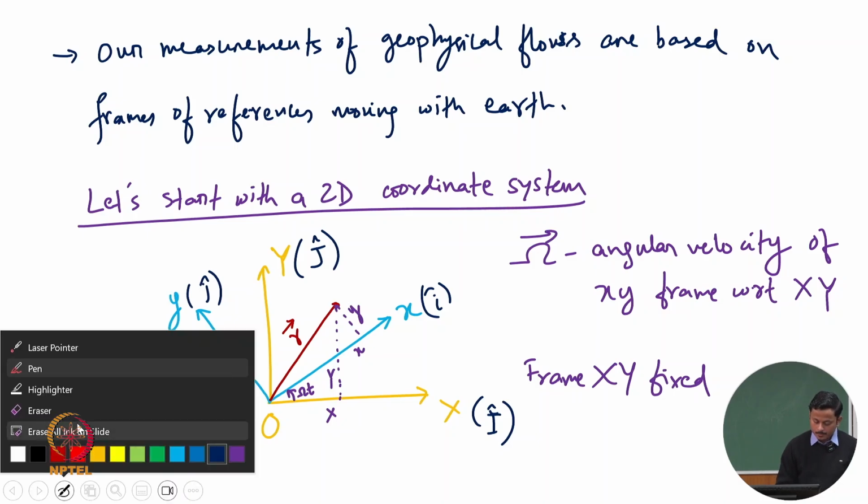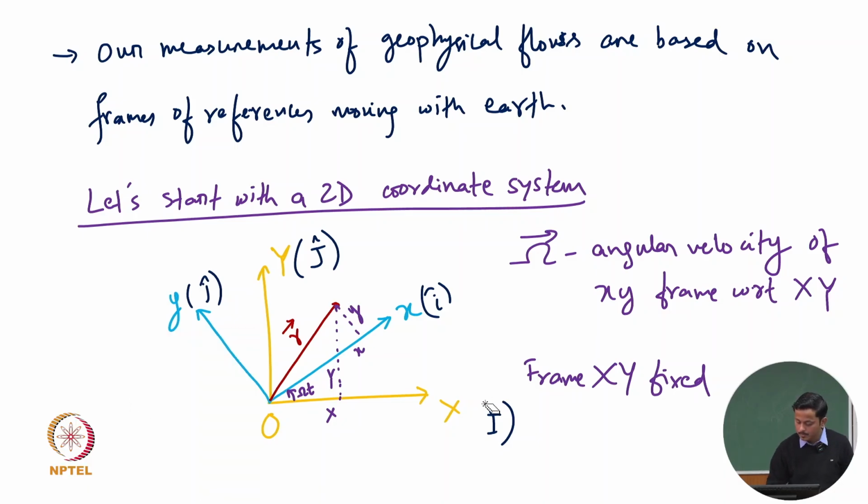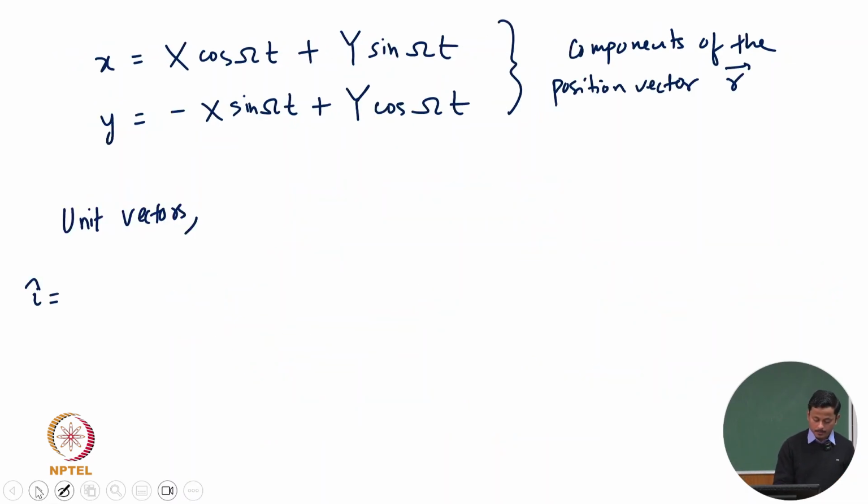So capital I cap, capital J cap for the fixed frame of reference, and small i cap and small j cap in the rotating frame of reference.